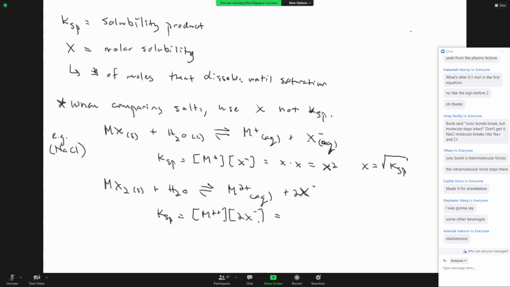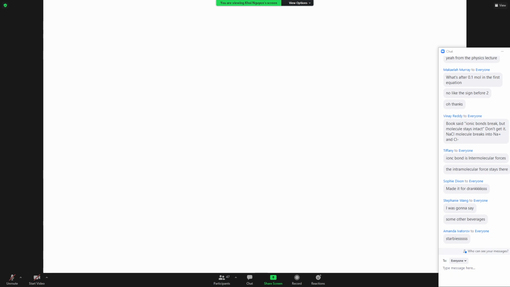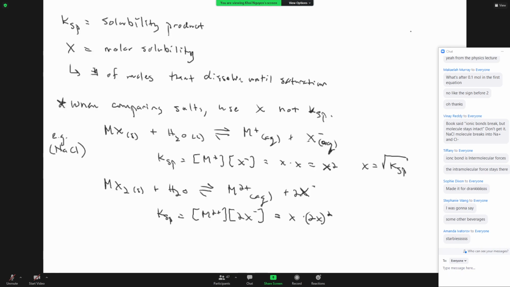In terms of equilibrium, you're going to get x and 2x quantity squared, right? Remember, the stoichiometric coefficients are your exponents. So this is going to become 4x cubed, in terms of molar solubility, equal to KSP. So molar solubility is the cube root of your KSP divided by 4. Example of this would have been your magnesium chloride.